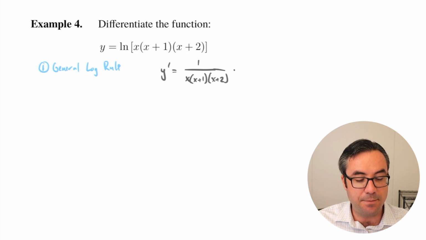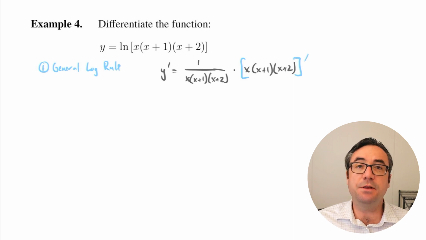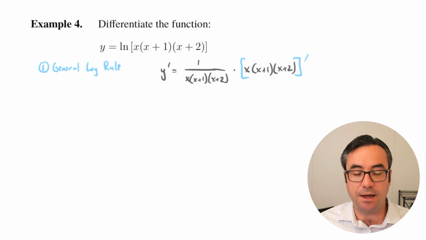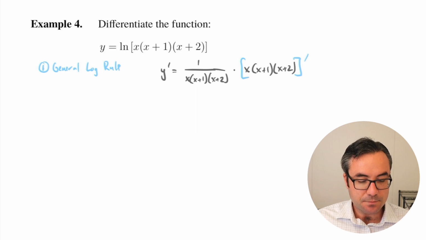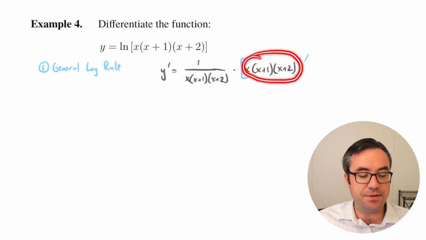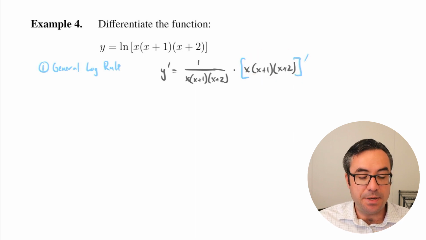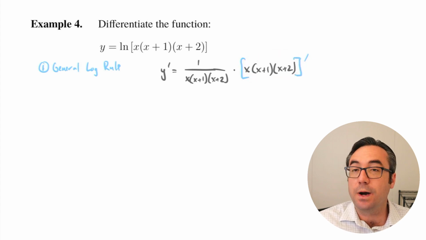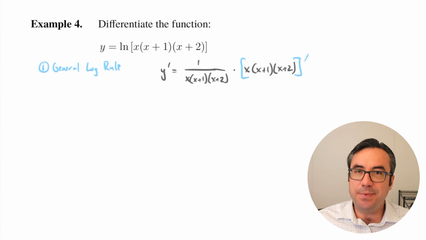And then multiply by the derivative of everything that was inside the natural log. Perfectly fine. You could definitely do it that way. The only issue is to differentiate this, you have to be careful because as it's written, you'd have to use product rule twice. So that might be kind of complicated.